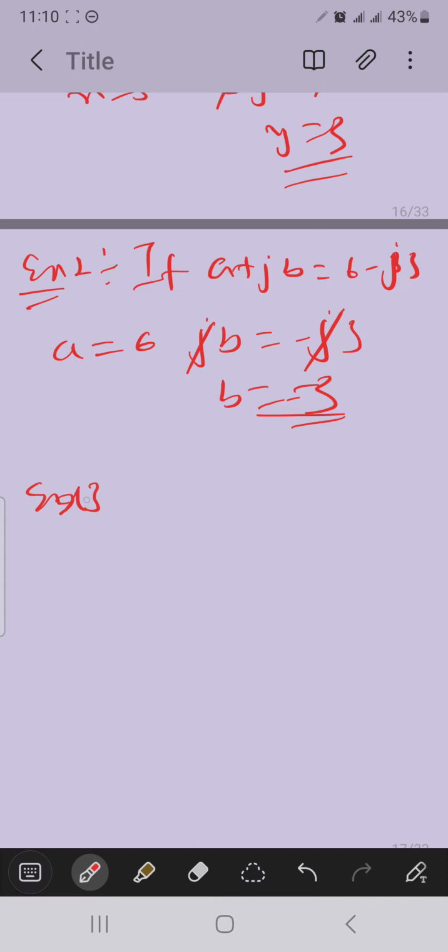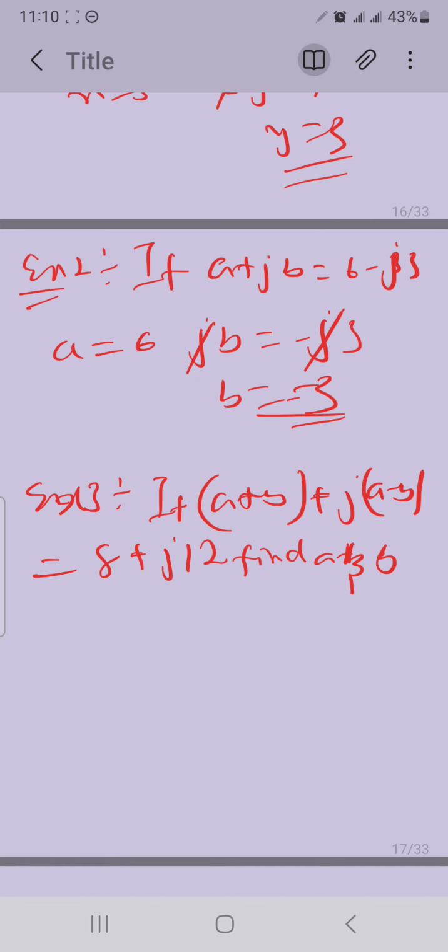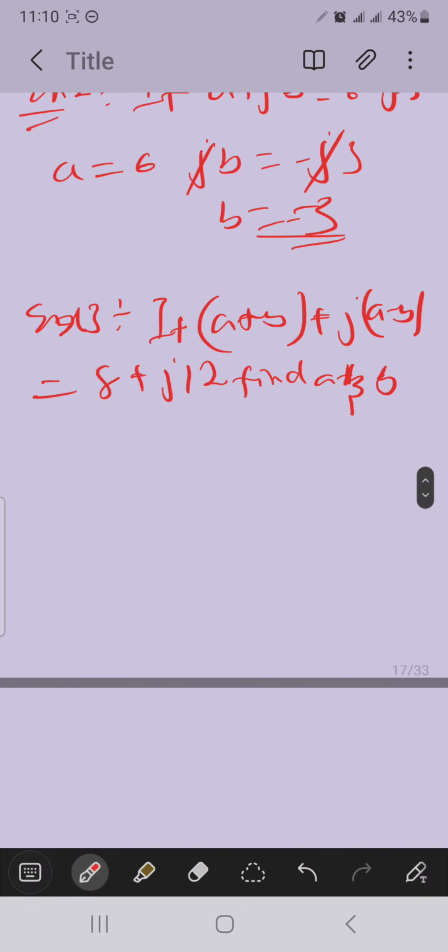The third one, let's say if a plus b plus j(a minus b) equals 8 plus j12. Find a and b. In this type of question, one thing you're going to do is just do the solution.